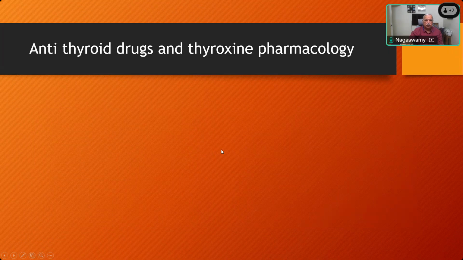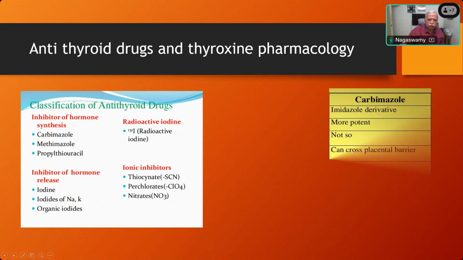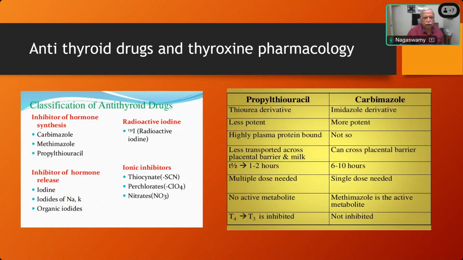And antithyroid drugs, their pharmacology is another question that can be asked. So classification of antithyroid drugs can be in the form of inhibition of hormones by carbimazole or the prodrug methimazole and propyl thiouracil.